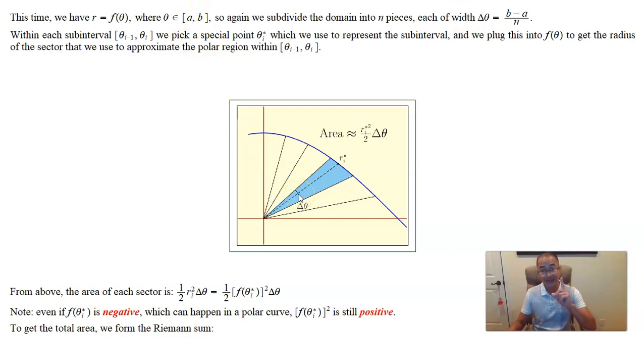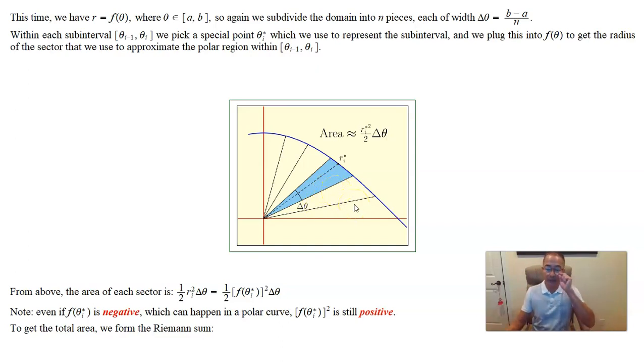And that gives us, using the same notation, the angle made by a very small portion of that region, where the opening of that central angle is our delta theta.